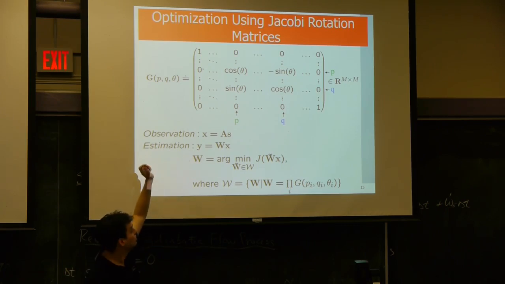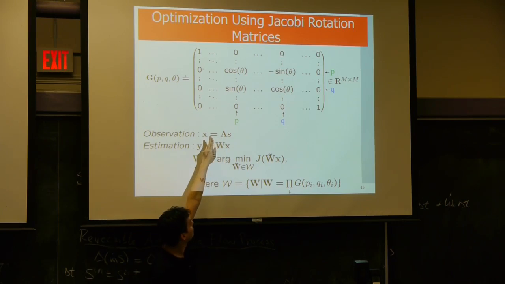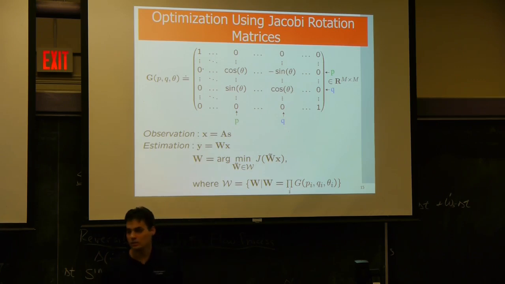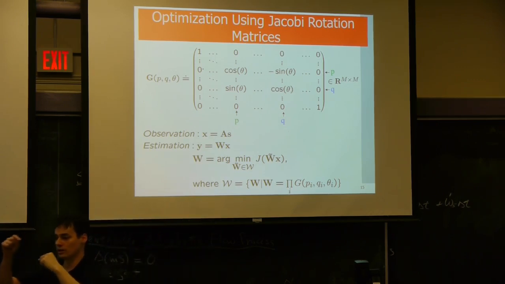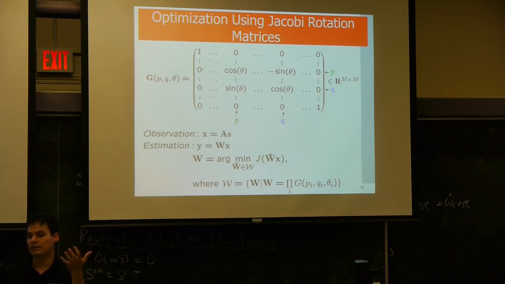For each p and q, you have a cosine and sine, or minus sine. All in the diagonal other than that we have ones, and all others are zeros. So it just mixes two coordinates, right? And if you have an arbitrary orthonormal matrix, then you can decompose that as a product of many of these orthonormal matrices.